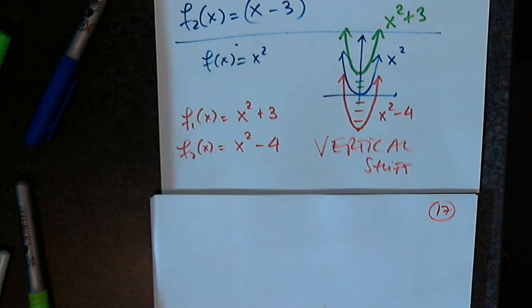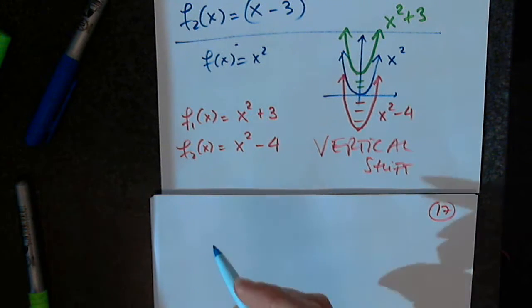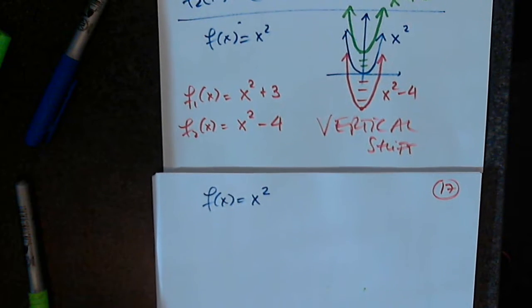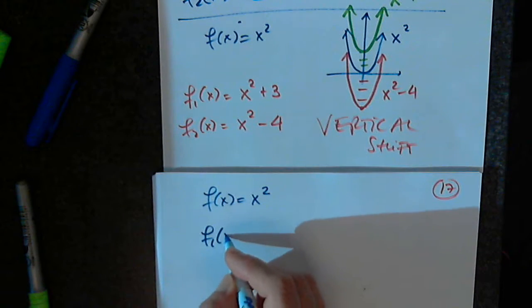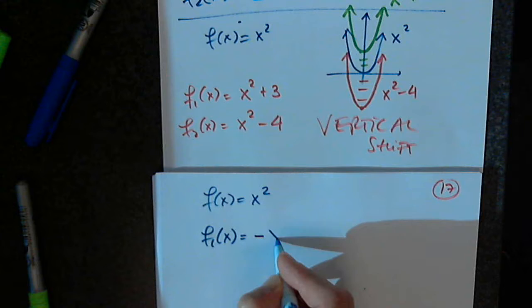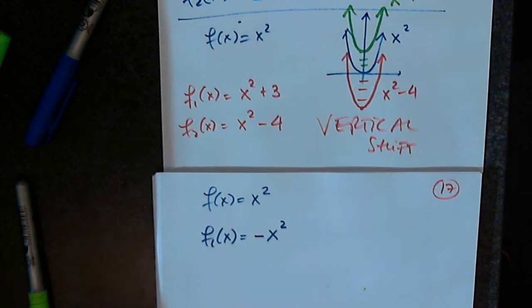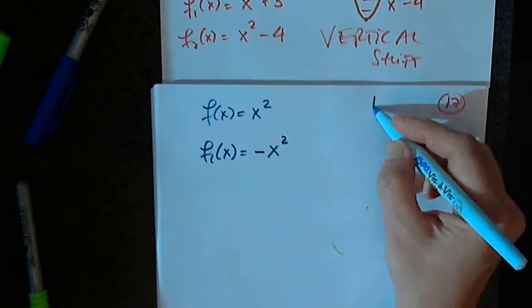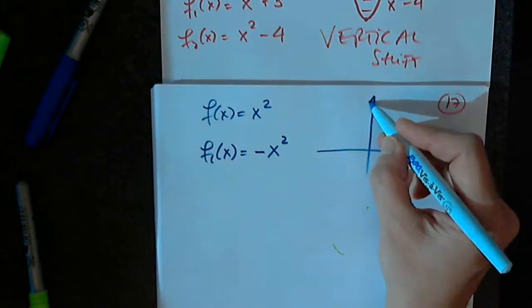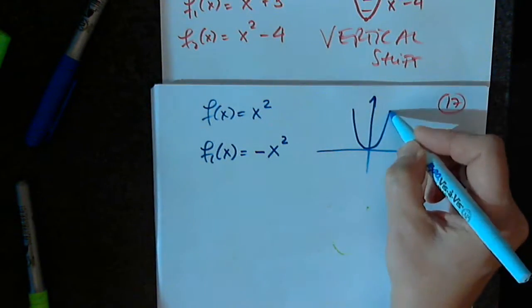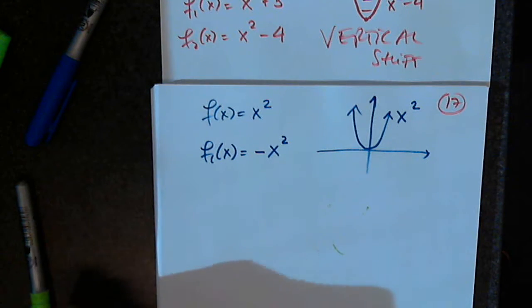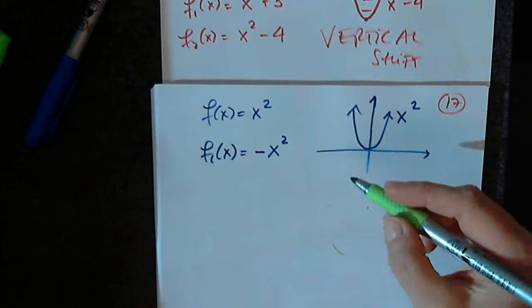17, that's my page number. Okay, now I start with the same function, the simplest possible function, but I would like to graph f1, which is negative x squared. Don't you make it a maximum now? Exactly. So the original function, what we call the base function, is x squared. And how do I graph negative x squared?